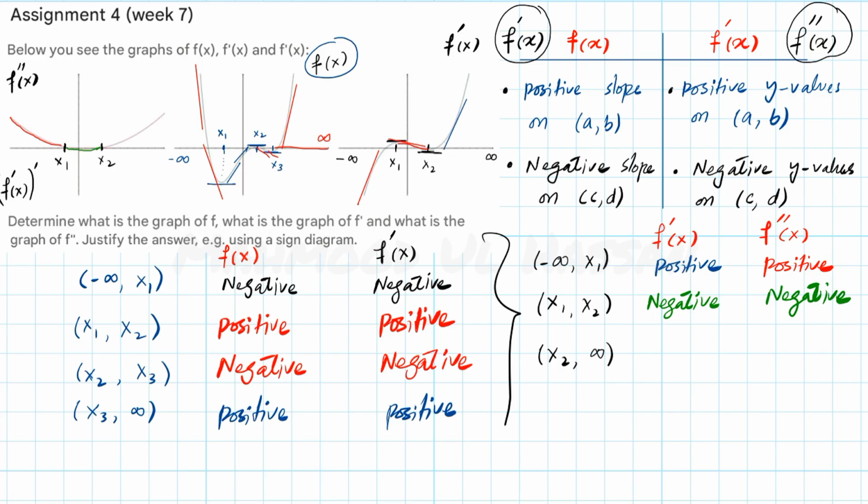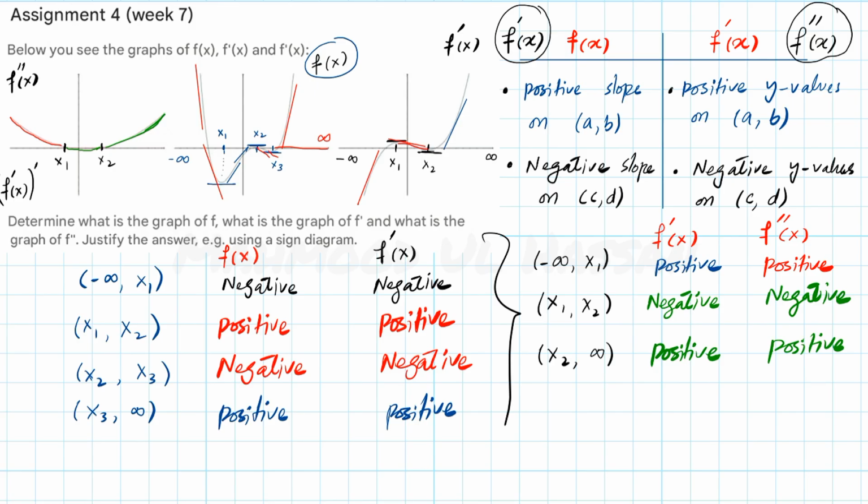Okay. So we will write positive here. And now the y values of f double prime of x on this interval are going to be positive again. You can see here that it is above the x-axis, that is again positive. So the relation between f prime of x and f double prime of x is also satisfied. So our hypothesis is true.